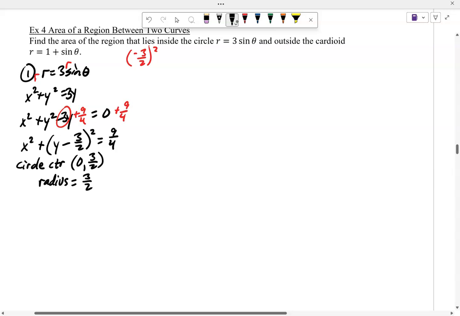Now you can kind of draw that on your polar graph. A circle centered at 0, 1.5, and it's got a radius of 1.5.